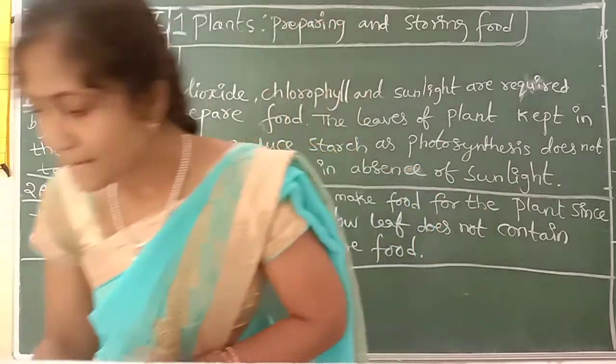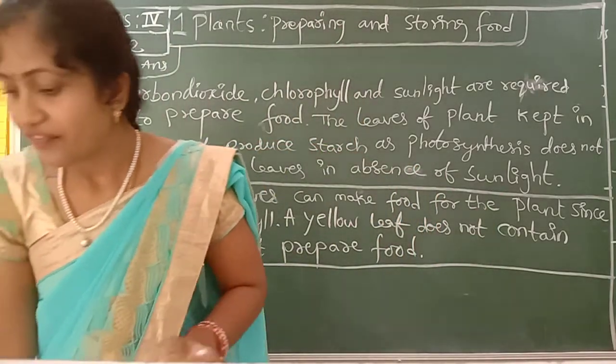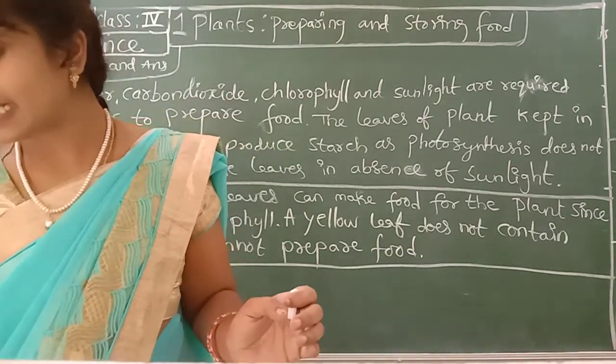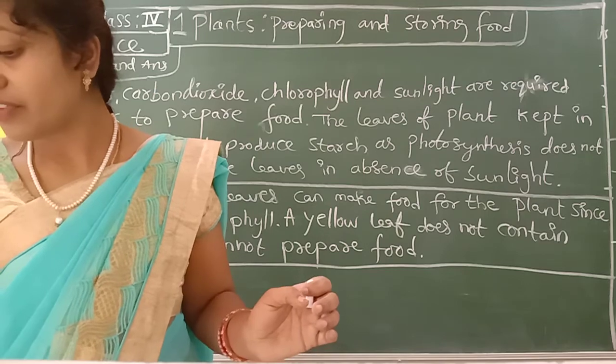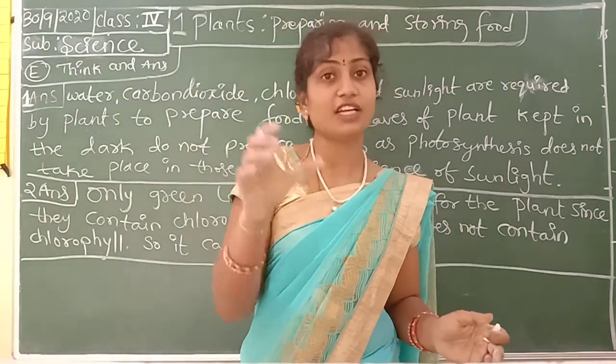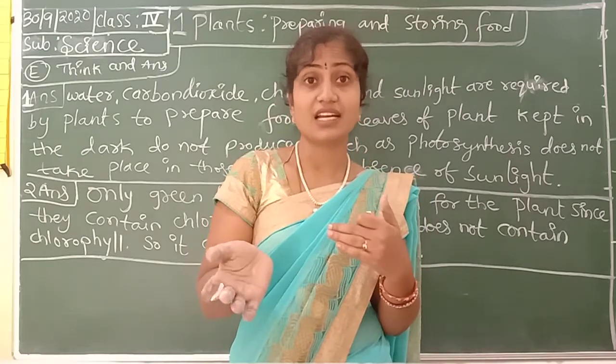Okay children, see here. Fish live longer in an aquarium with water plants in it than in one without them. Why? Some water plants are also in that aquarium. They depend on each other.